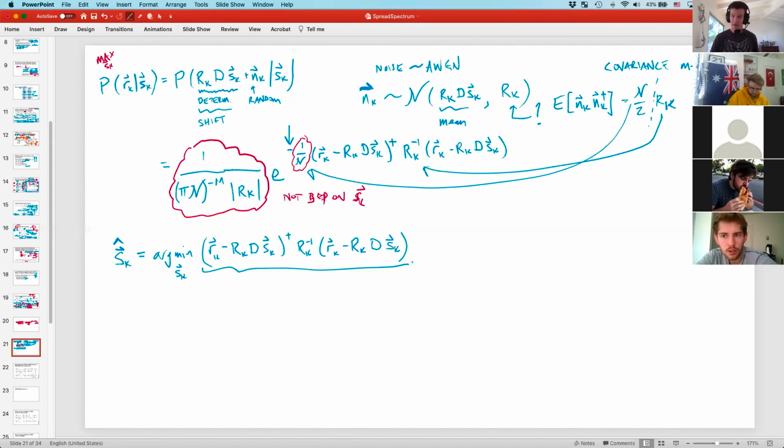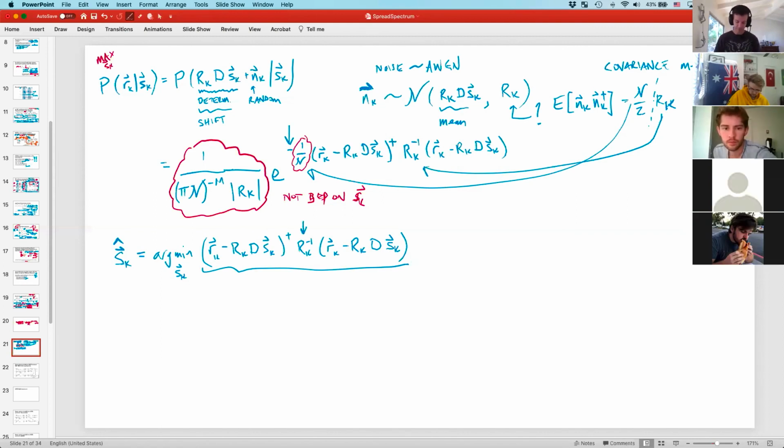Scalar? Yeah, exactly. So it's like an inner product, except this thing is kind of skewing our inner product, right? So one way to write this is if I could split R_k inverse into two halves and put one half on the left and one half on the right, then I could actually write this as the inner product of a vector with itself, which is just the norm of that vector. And so a fun fact is that R_k is what's called a positive semi-definite matrix.